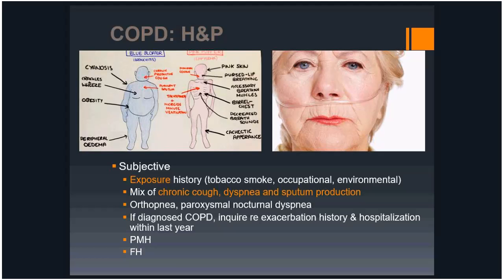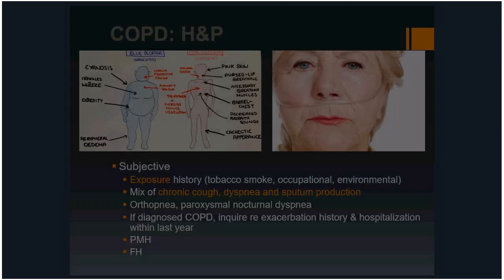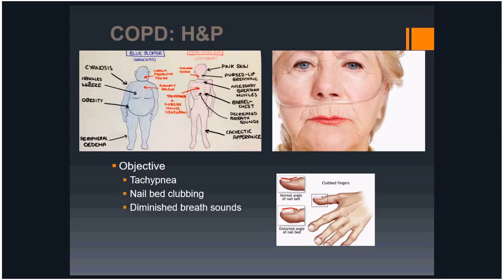From a rationale perspective, long-term hypoxia contributes towards pulmonary vasoconstriction, which can result in pulmonary hypertension. The increased pulmonary resistance against the right ventricle can lead to right-sided heart failure, or cor pulmonale. And so that's why you see some pedal edema in persons with COPD.